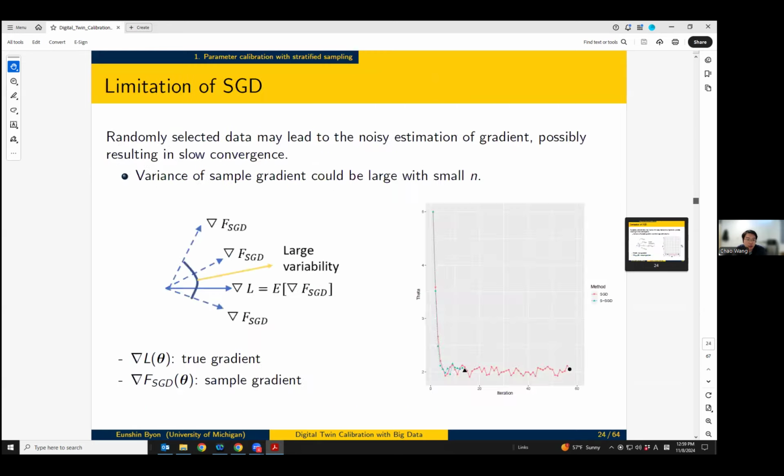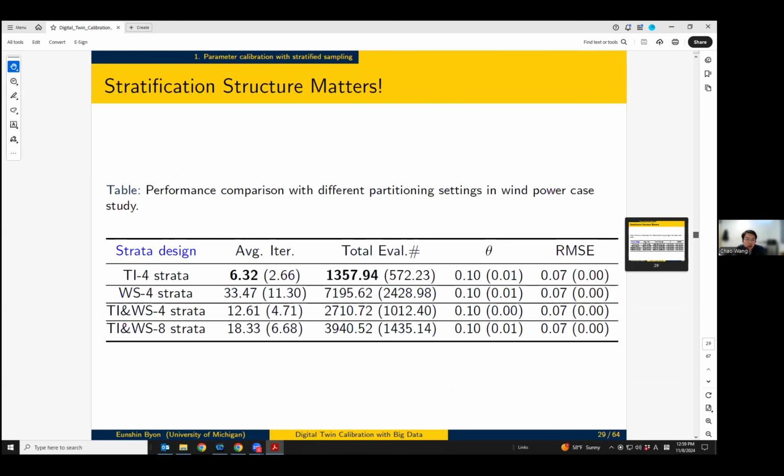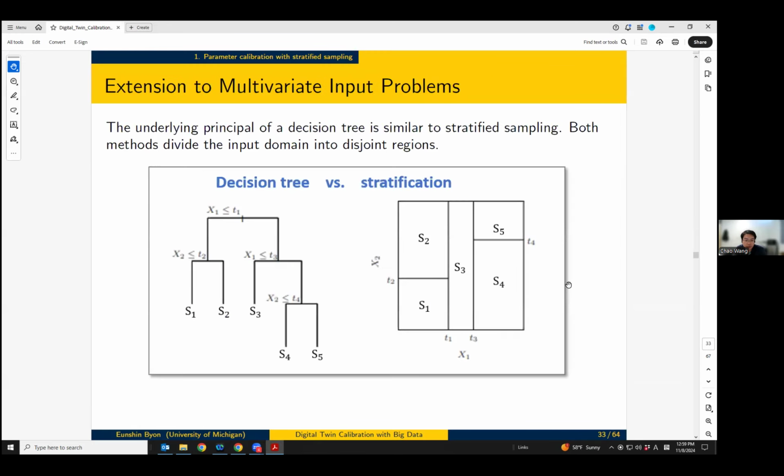In your example, you show the case when the parameter space is rectangular. I think this definitely works well. But what if the parameter space is of irregular shape? Do you think this decision tree strategy still works?